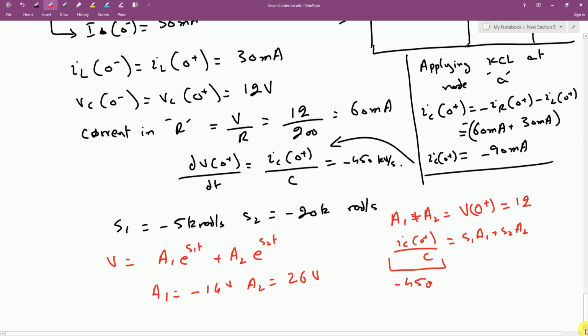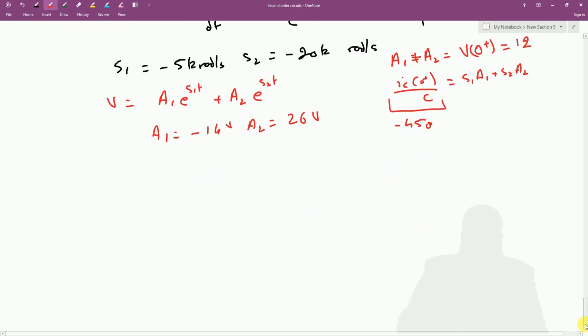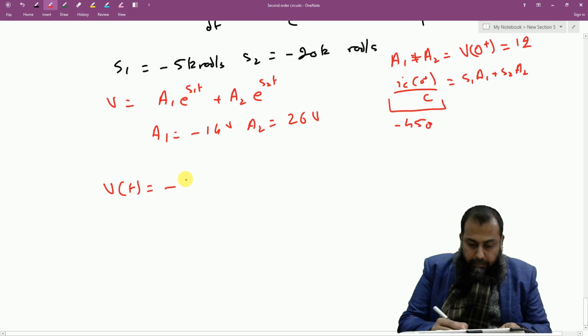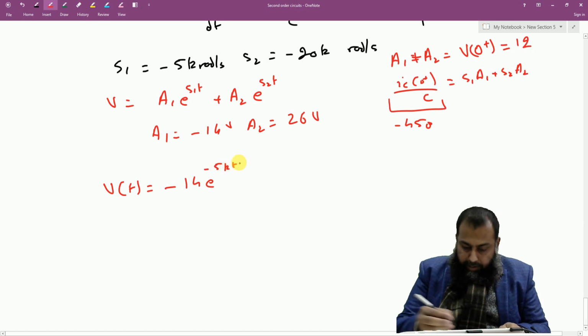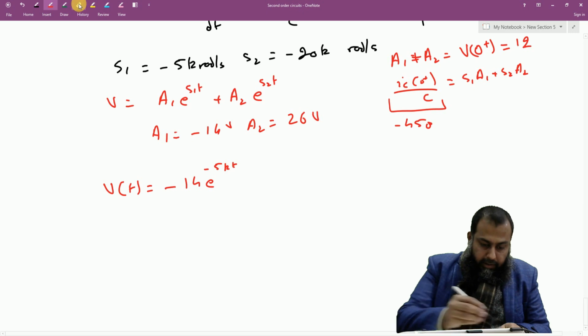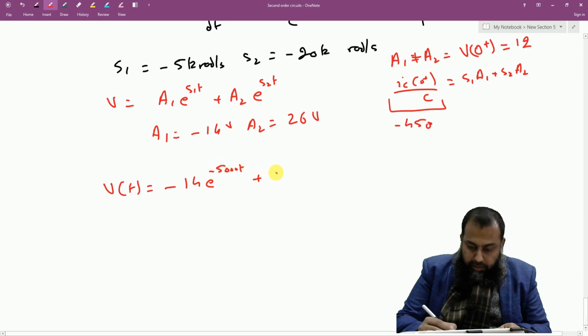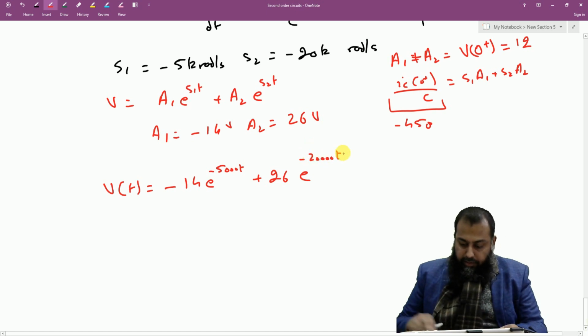So the solution for this particular circuit is that the voltage Vt is equal to minus 14 e to the power minus 5000 t plus 26 e to the power minus 20,000 t.